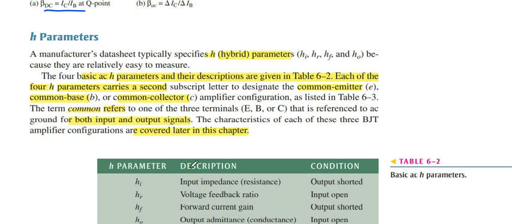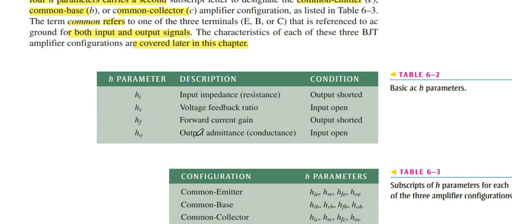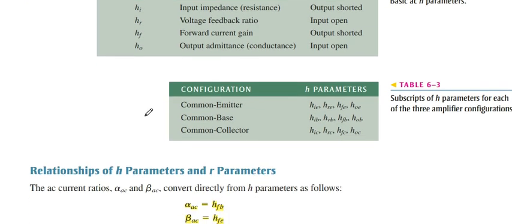We also discuss these parameters in the next or remaining chapters. There we will know what hi, hr, hf or ho are. hi, i for input, o for output, r for feedback ratio, f for forward current gain.